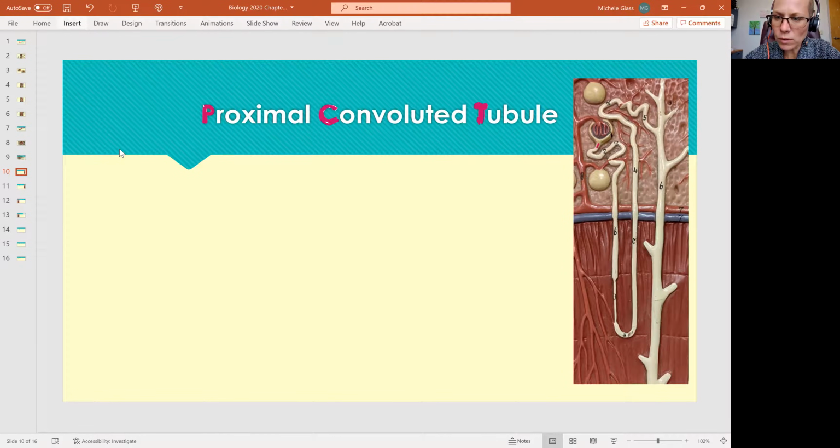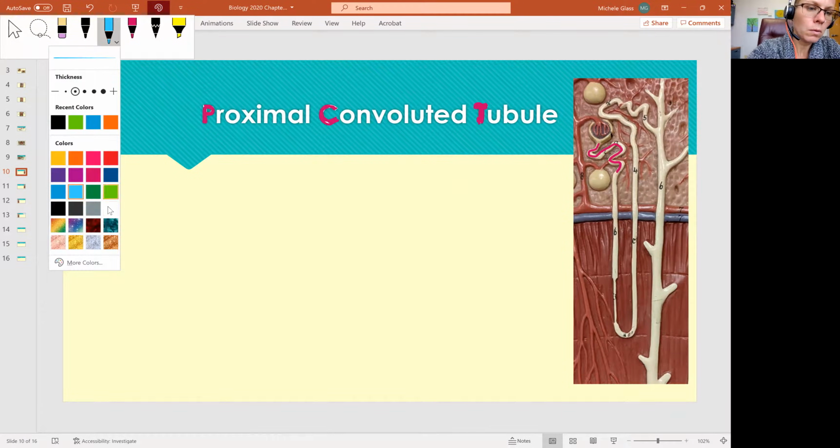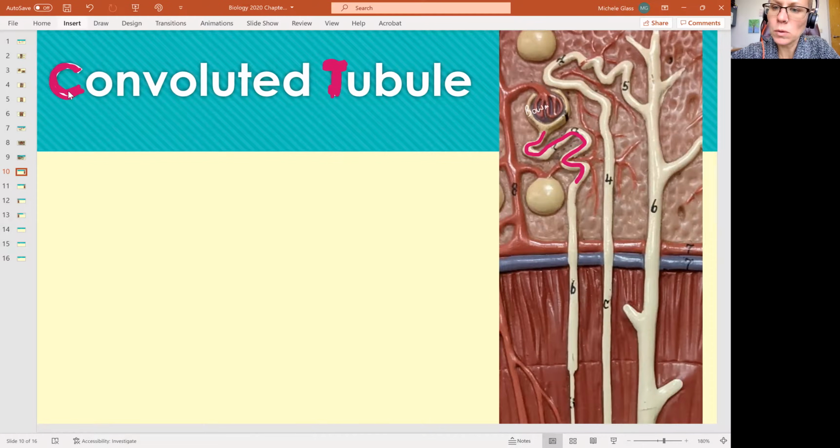And the proximal convoluted tubule would be this portion that's more proximal to the Bowman's capsule. So let's make sure and label that, for those of you who can see Bowman's capsule.